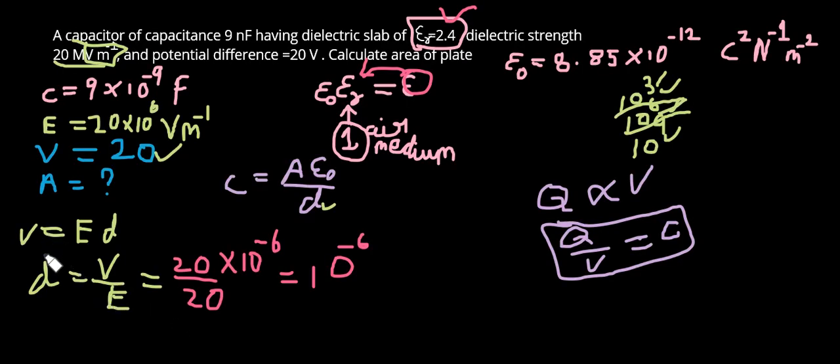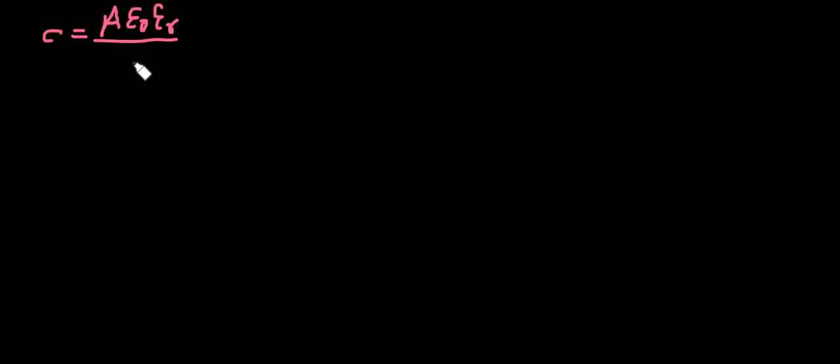So instead of D, we found the value here: 10 power minus 6 is the value of D.